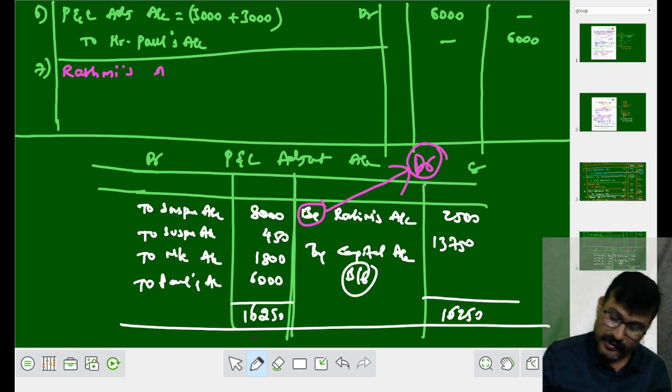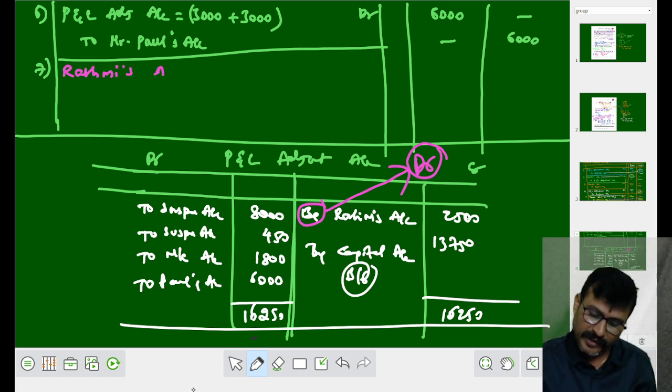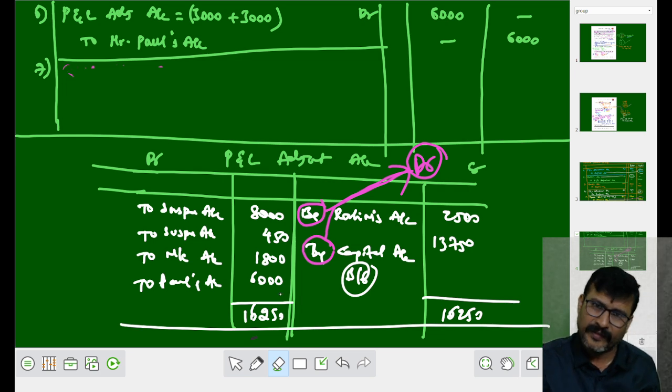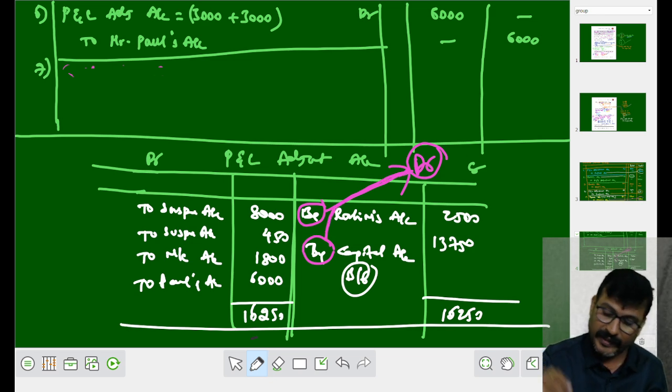Since the capital is in the credit side of ledger, I repeat my explanation, sorry for that. Since the capital account is in the credit side of ledger, so it comes to the debit side of journal.